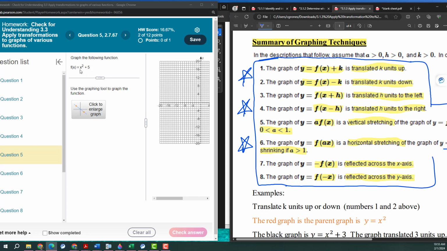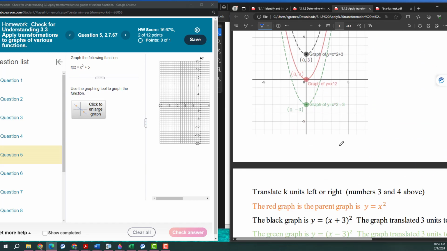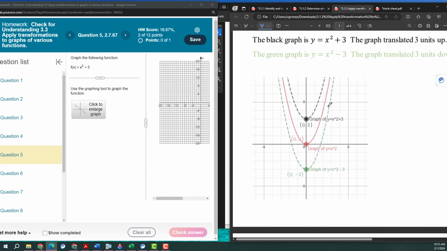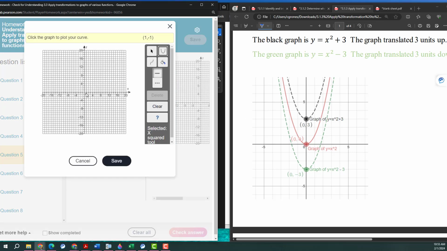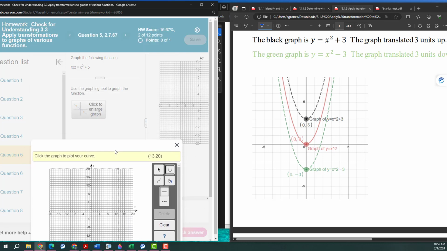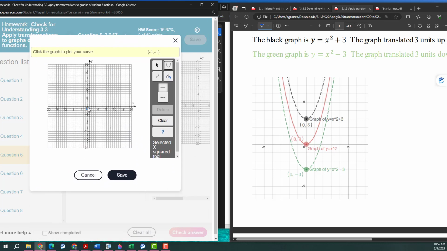We are using x squared, so if we look at x squared, it's going to be this parabola right here. So I'm going to click to enlarge, and we've got our parabola. It's not going to start at 0, 0, it's going to be translated 5 units up. So it's going to start at 0, 5.